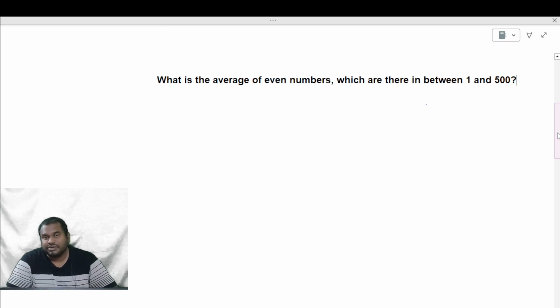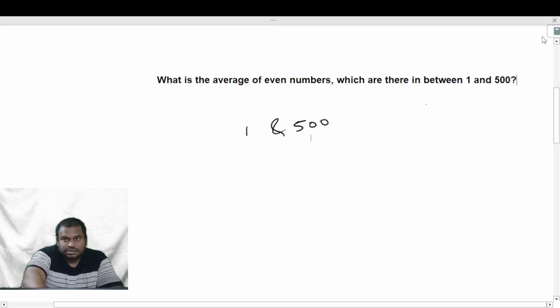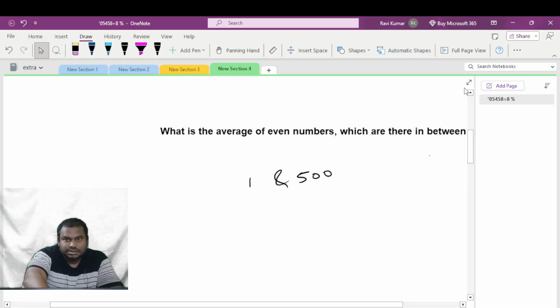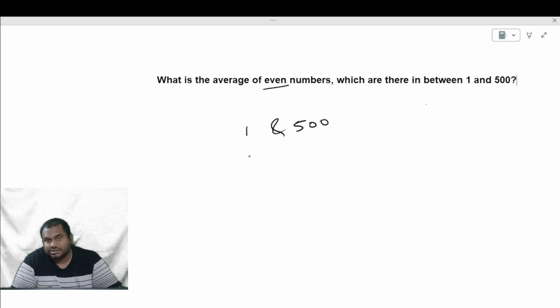What is the average of even numbers which are there in between 1 and 500? In between 1 and 500 there are some numbers, but we should not take all the numbers. We should take only even numbers, because in the question it is given as even numbers.